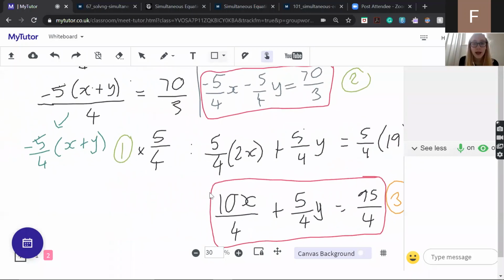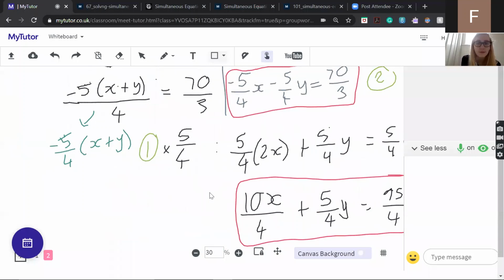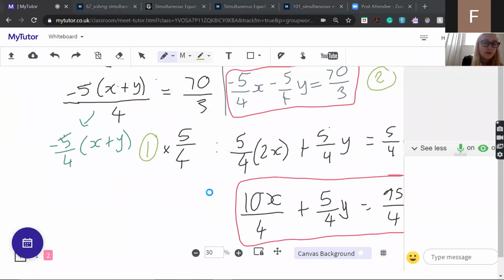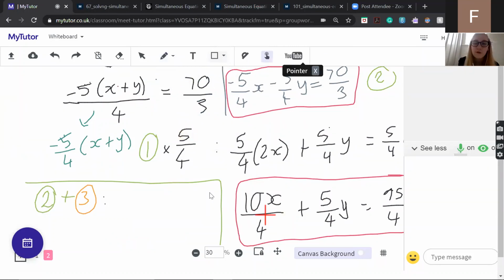So when we add these two equations, and I haven't left myself with much room here, we're just going to have to do some horrible fractional adding. So let's write out first of all what we're doing. Let's section this off. We're doing equation 2 add equation 3. And that's going to give us, well, this is why I left this one over 4.